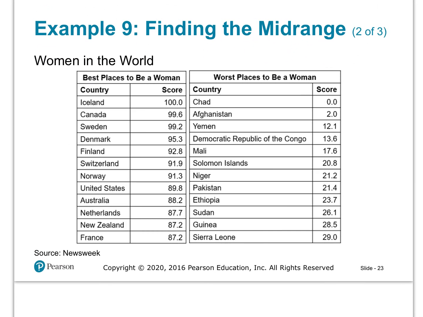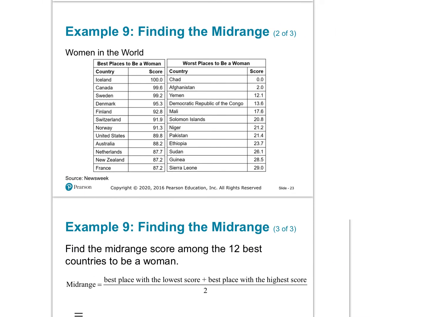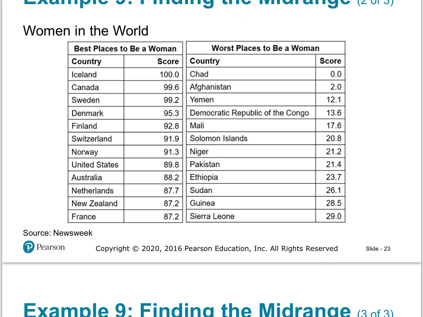So here's the table. It says, find the mid-range score between the 12 best countries to be a woman. So these are our best. So we want the high and then the low.